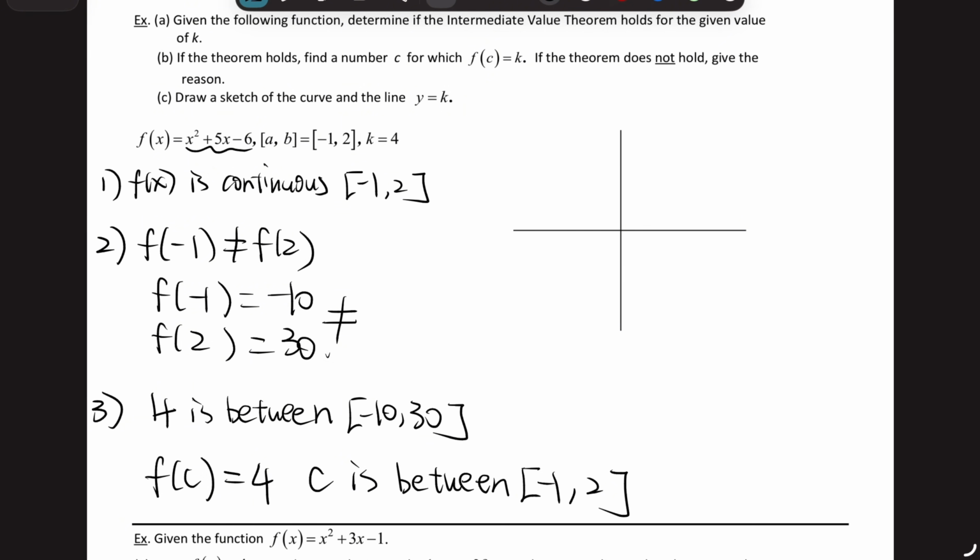We just simply plug it in. So we have f of c equals c squared plus 5c minus 6 equals 4. Simplify a little more. c squared plus 5c minus 10 equals 0.